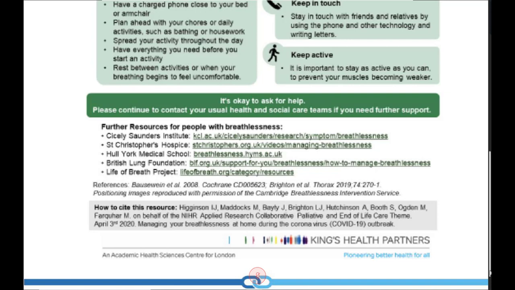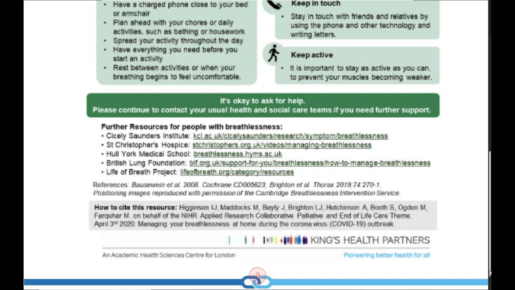Thank you. The other question which has come up is around desaturation on exertion as opposed to desaturation at rest. Any thoughts or comments on that? So Sarah and I have had a chat about this already again today. Desaturation at rest is already a major clue.